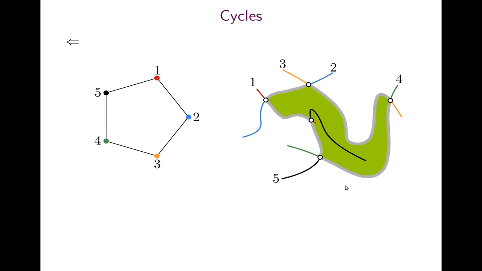Then if I have any representation of the cycle, I will notice that there will be a closed Jordan curve here. So I take the first string or segment or array or whatever, and it intersects the second. And now I start from this intersection.